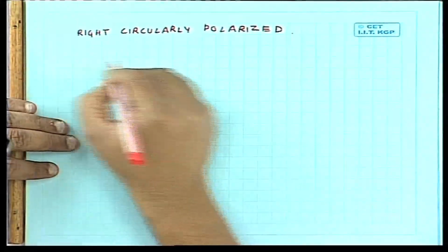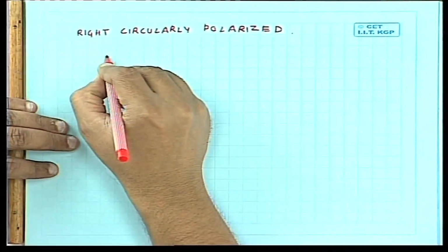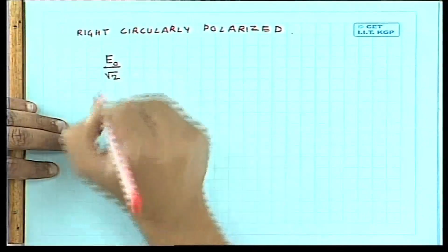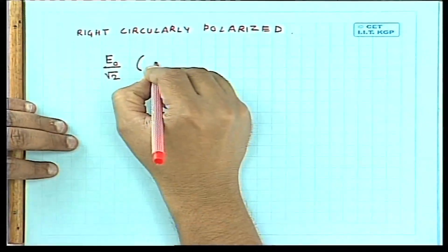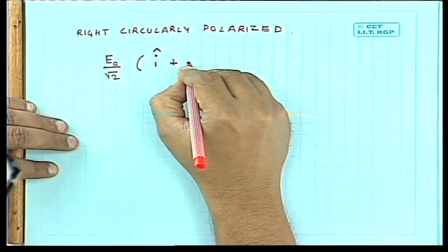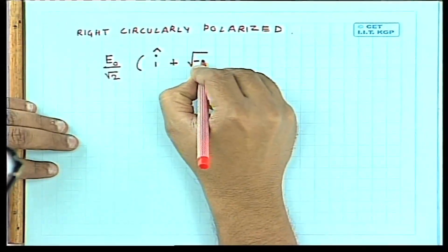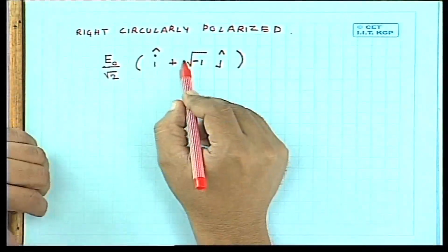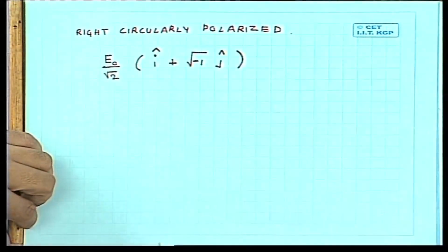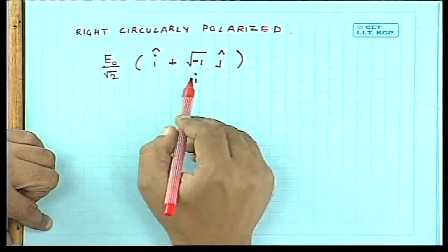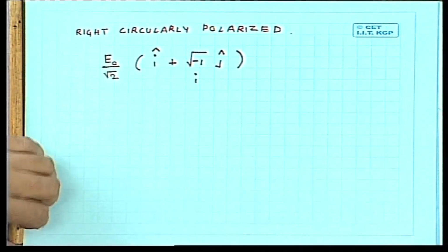which is E naught by square root of 2, and then I have i, the vector i, plus square root of minus 1 into j, which is i, the number, the square root of minus 1, which is also i. So this is also i, but this i should be distinguished from this unit vector i.